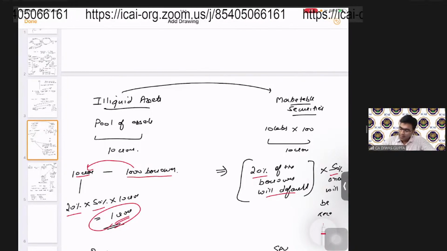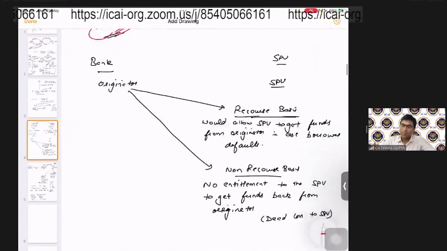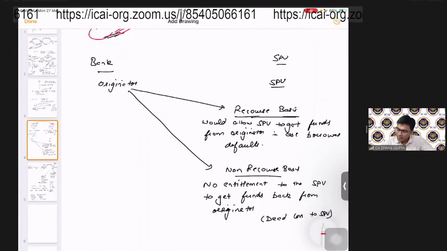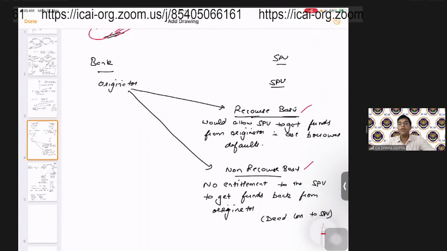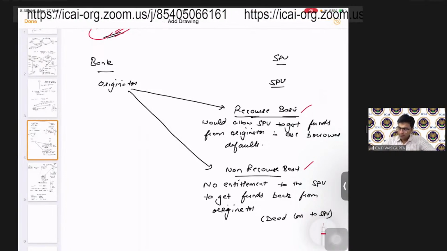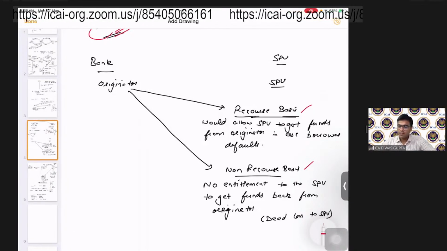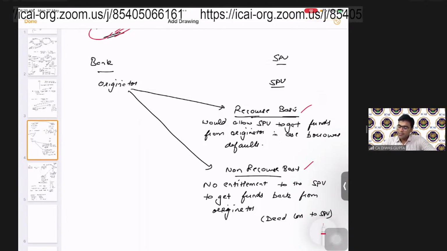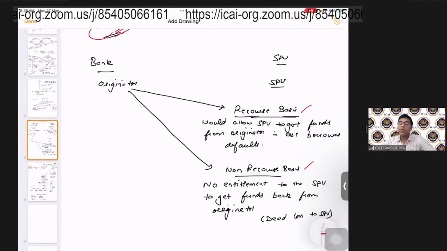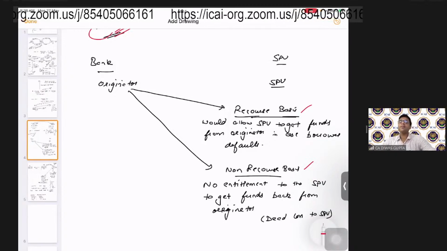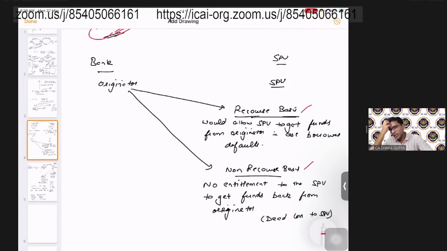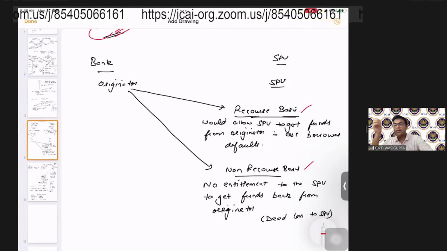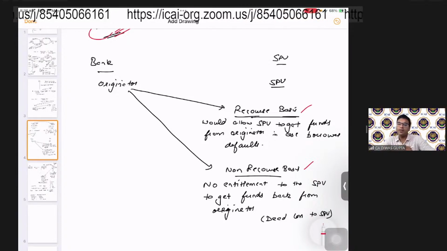So students, let me tell you, there are two types of arrangements here. Okay. One is a recourse basis and the second one is a non-recourse basis. So recourse basis is something where the SPV has an option to fall back on the bank if the amount is lost in terms of the PD, I mean, probability of default, right?